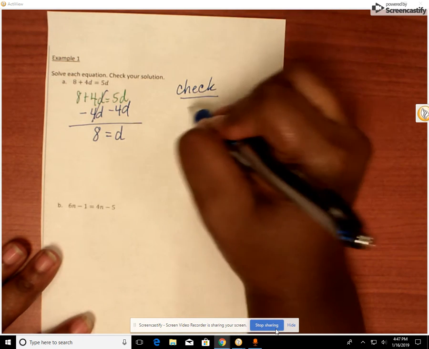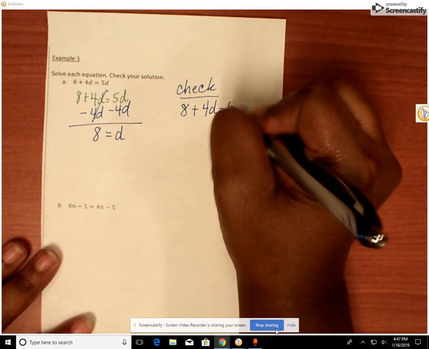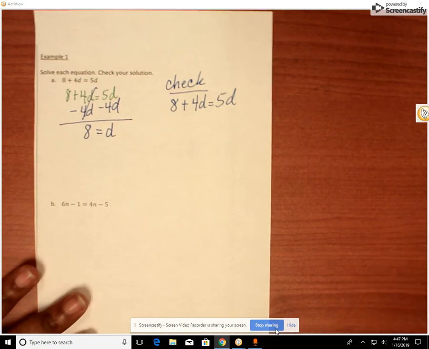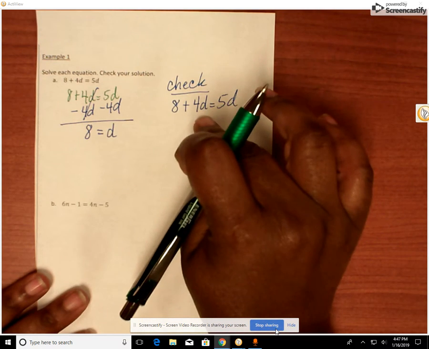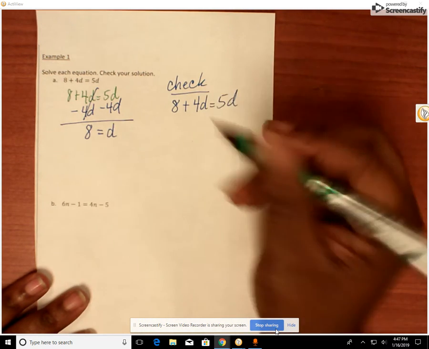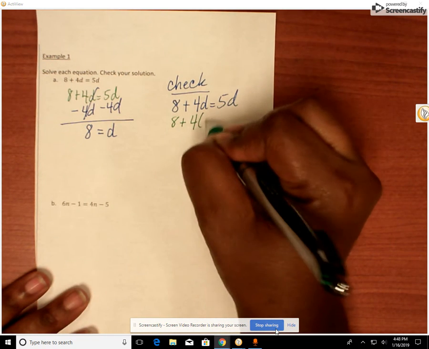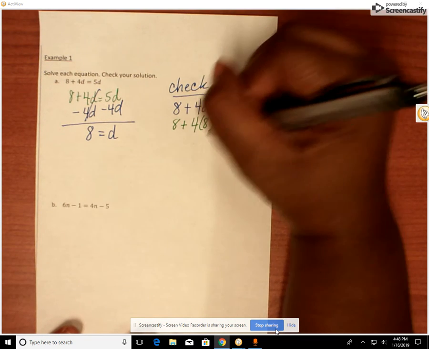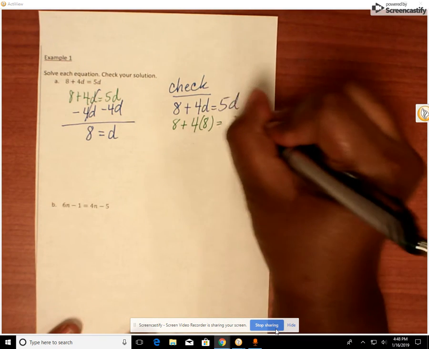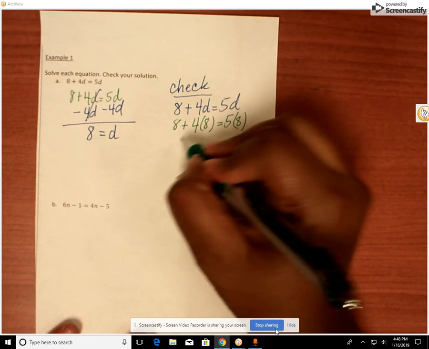We check it. How do we check it? We write the problem down. We replace that variable with our answer. So every time I see a d, I'm going to put an 8 because that was my answer. So 4 times d, so 4 times 8. 5 times d, so 5 times 8.